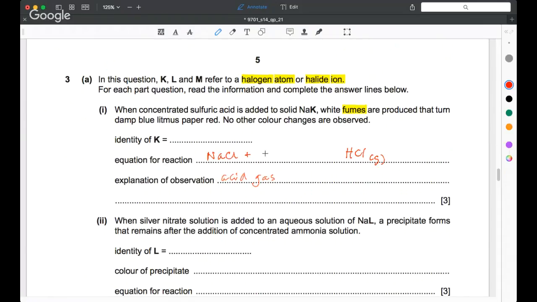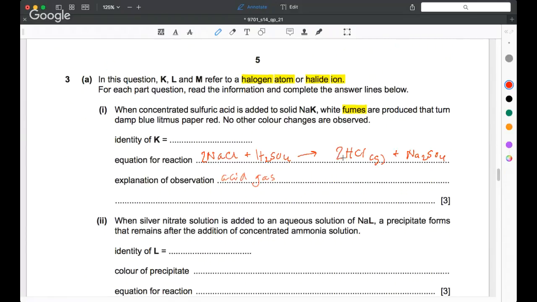We want a concentrated sulfuric acid, H2SO4, and we're going to be making hydrogen chloride gas and the sodium salt of sulfuric acid, which is sodium sulfate there. And just to balance that up, you've got to have 2 sodium ions there, haven't you? That all balances.